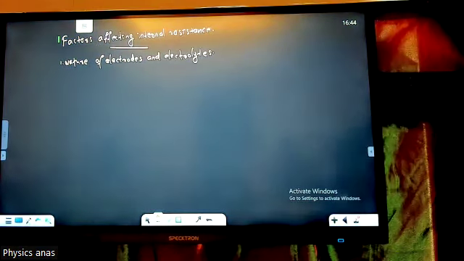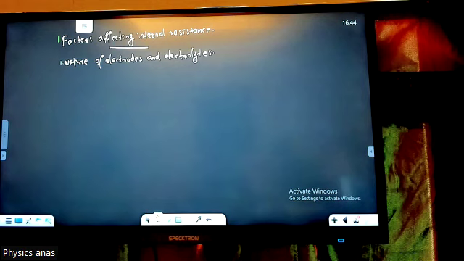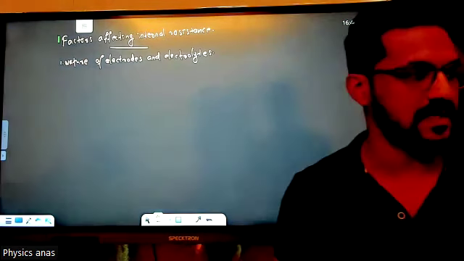What's the second one? Concentration of electrolytes. If the concentration is increasing, internal resistance will be increasing.